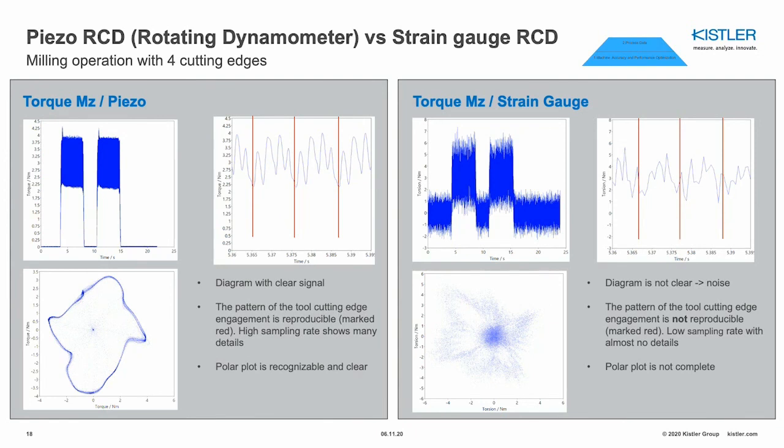Each rotation is between the red lines, the same thing for torque, and then you can see it also torque around your tool with a higher accuracy and resolution with the piezo, whereas with the strain gauge, when the forces are too small, then you don't have that resolution nor the repeatability. So that is the characteristic of the piezo and the advantage of piezo, that you can capture the high dynamics.